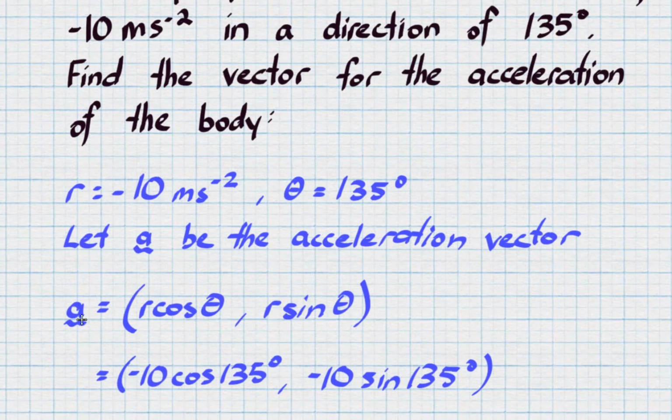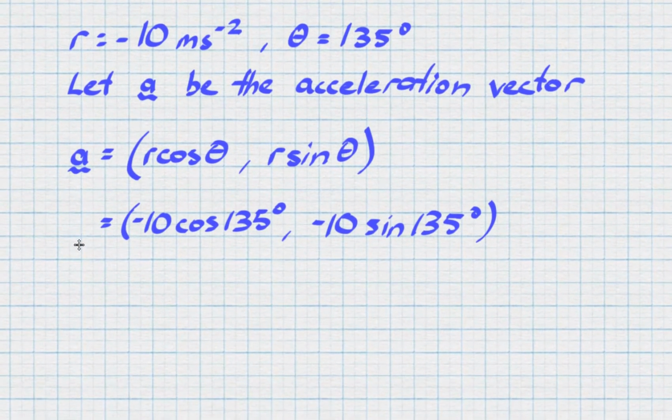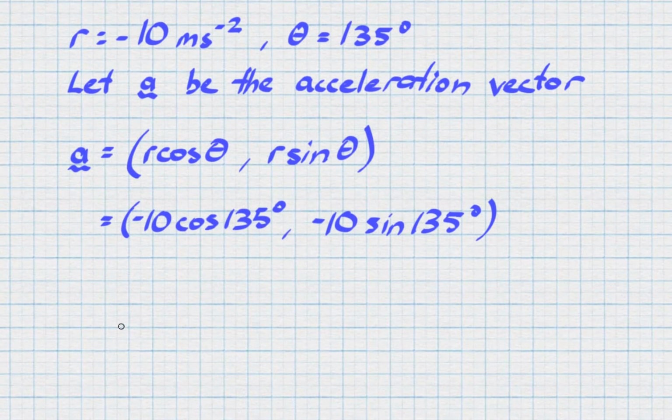Now we don't want to go rushing to the calculator here. We want to use our knowledge of exact values. So we're in quadrant 2 when we consider 135 degrees. And how many degrees is that back from 180? Well, it's 45. So let's consider cos of 45 degrees, and that's 1 on root 2.